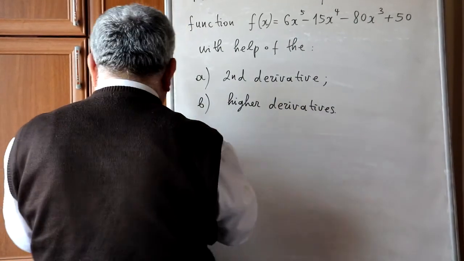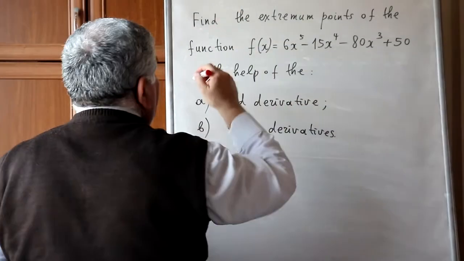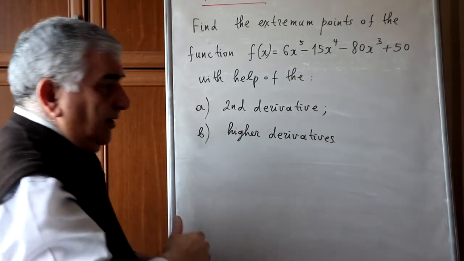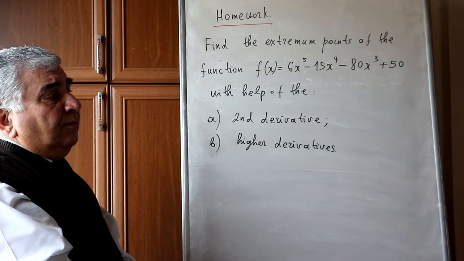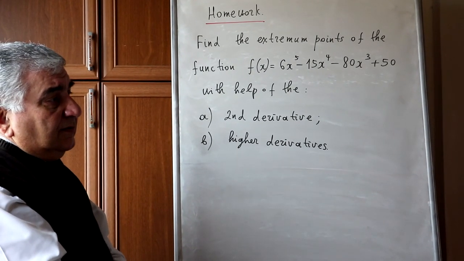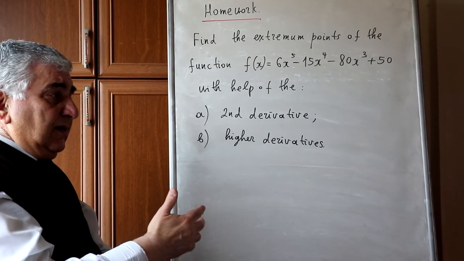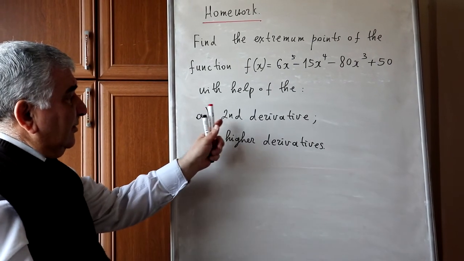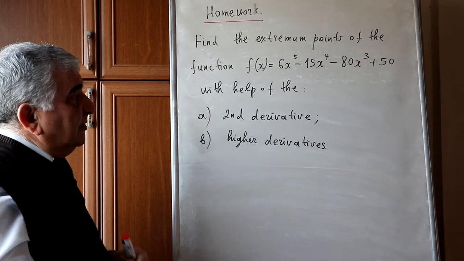In these cases, we can find only extreme points, but with help of the first derivative, we found also the monotony intervals, the intervals of increase and decrease of the function. But with help of the second derivative and higher derivatives, we can find only the extreme points.